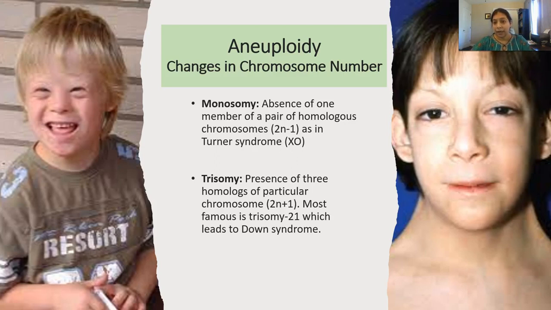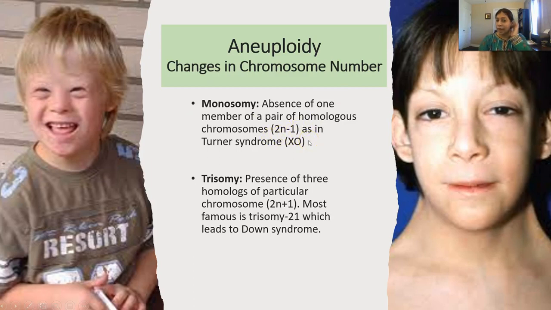So some of the things that can happen, one of them is when you are either missing a chromosome or you are duplicating a chromosome. Any type of big changes in chromosome number are called aneuploidy. A monosomy is where you lose one of the pairs of the homologous chromosomes. So looking at the karyotype, it's going to be 2n minus 1.